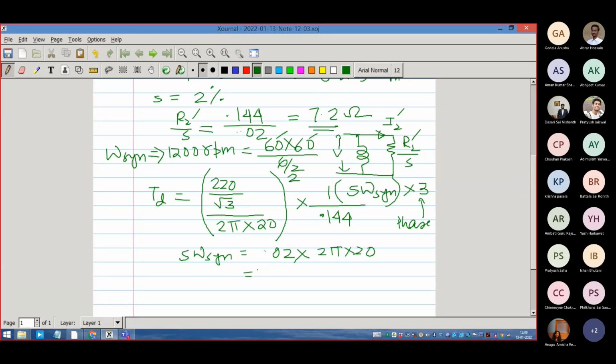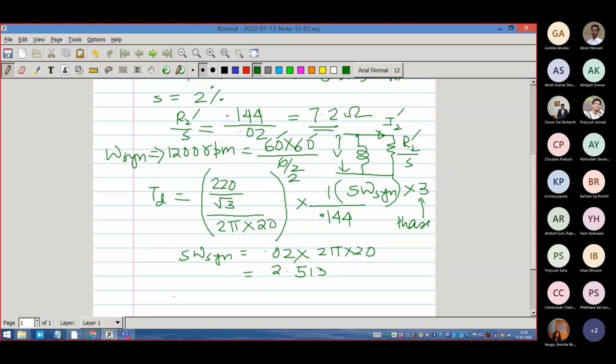Let me calculate: 0.02 into 2 into pi into 20, which is equal to 2.513. Please check if I am making any mistake.